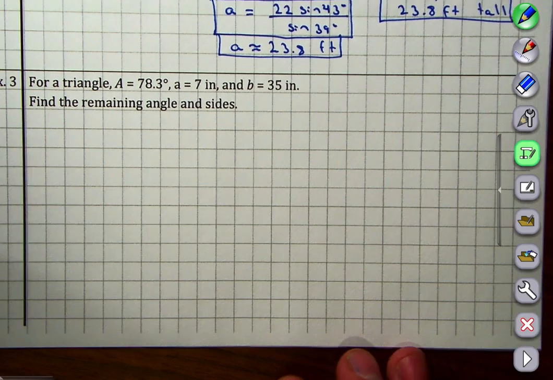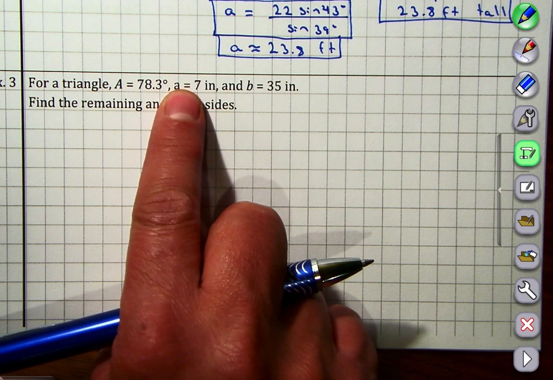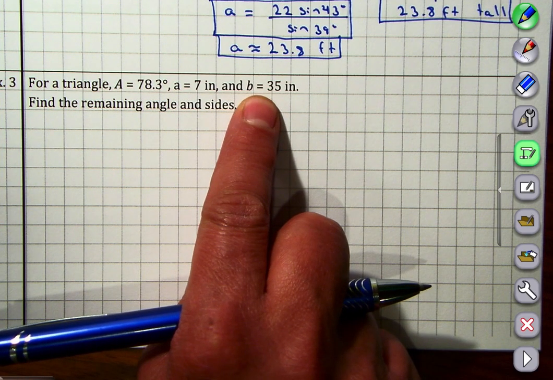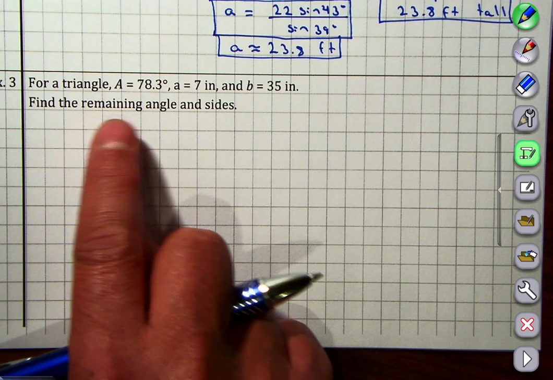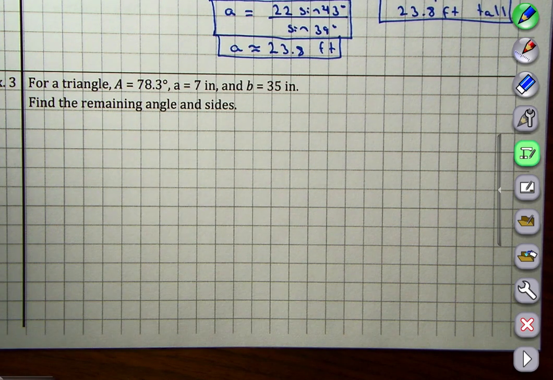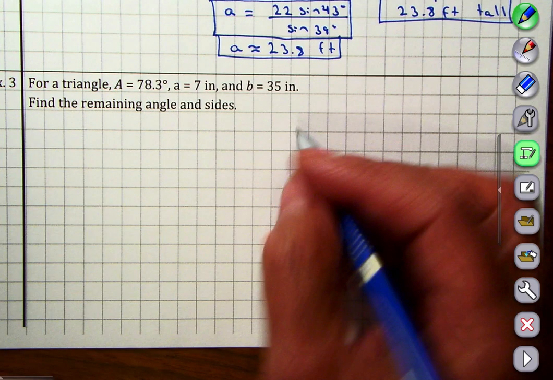So for a triangle, angle A is 78.3 degrees, side A is 7.7 inches, and side B is 35 inches. Find the remaining angle in sides. So therefore, we have, let's go and make a triangle.